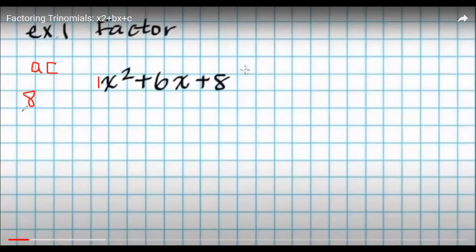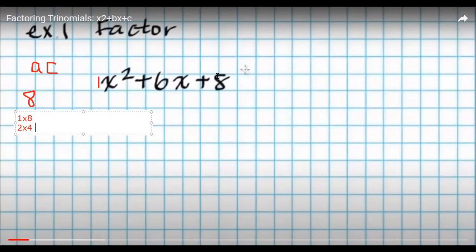Now think about the factors of 8. We can say 1 times 8 or 2 times 4. We don't have anything else, because if you try 4 times 2, you will not find any more factors for 8. The last sign here is positive, which means you are going to add.